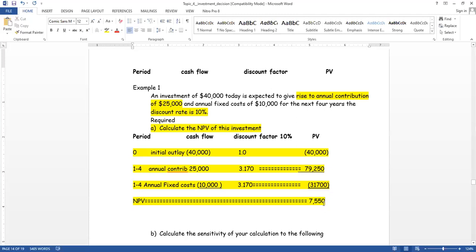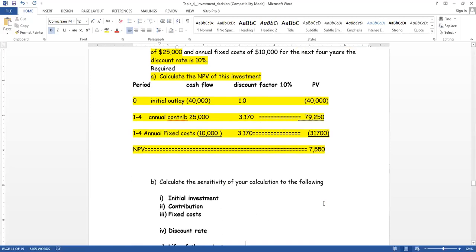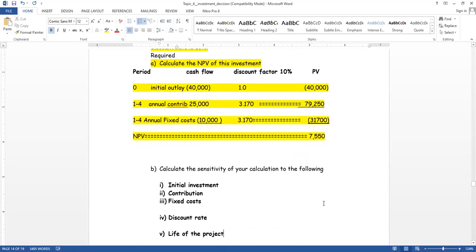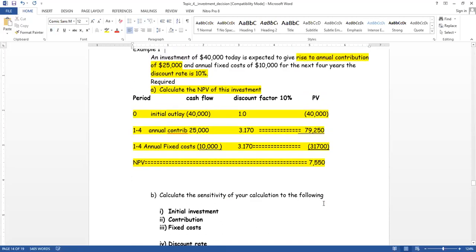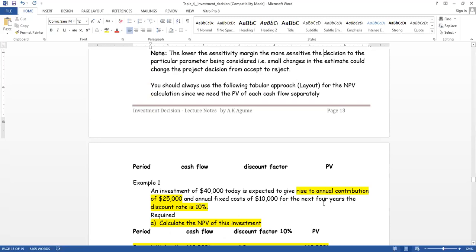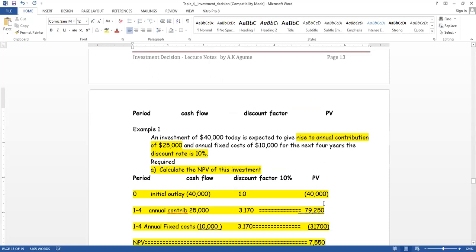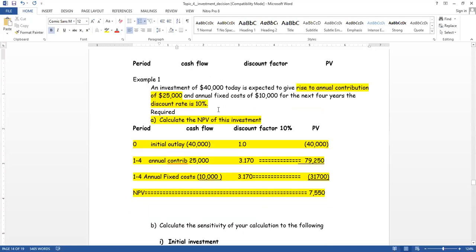This investment is viable because it has a positive NPV, meaning that it will generate a return which is higher than the cost of capital. And of course, the discount rate is 10%.